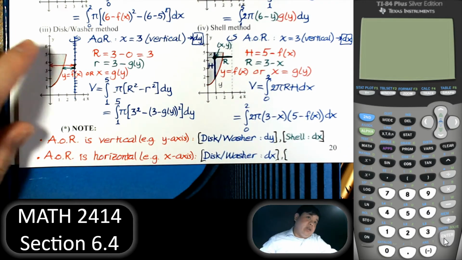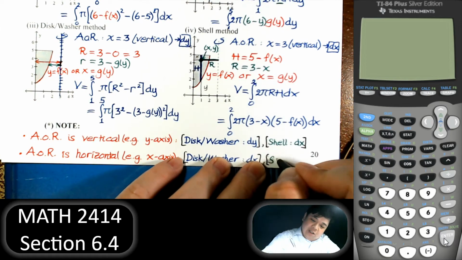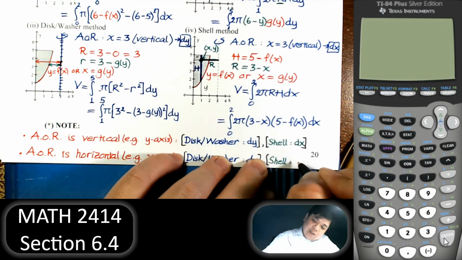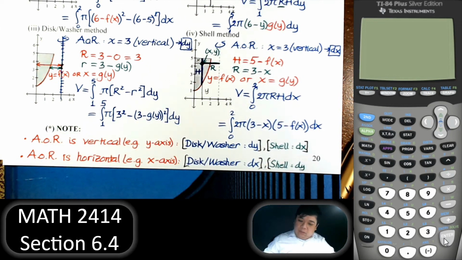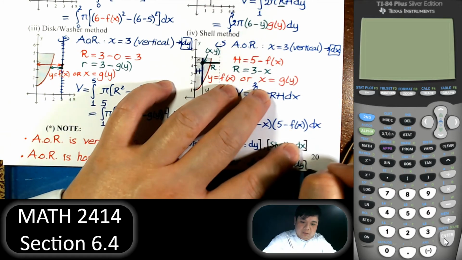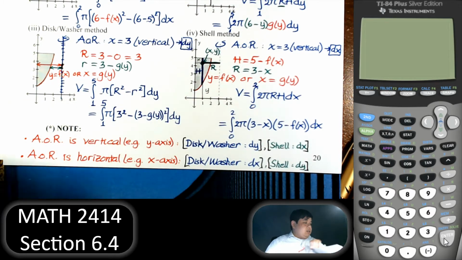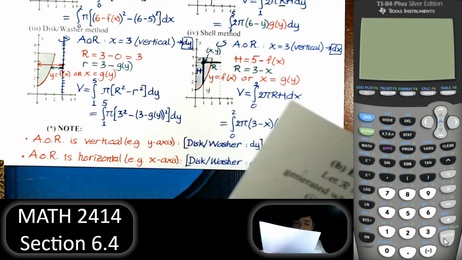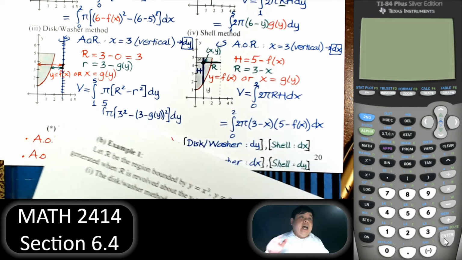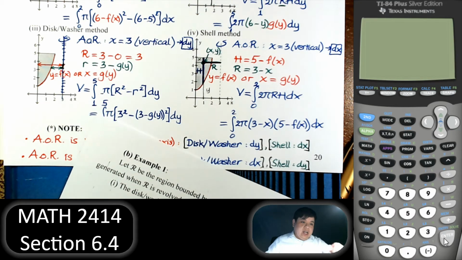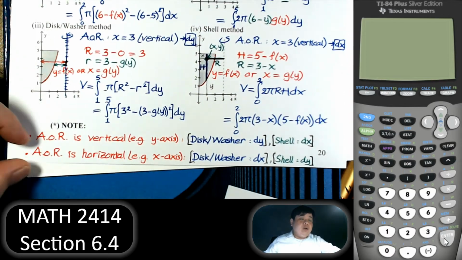And the shell is opposite to that. Right. So that's a comparison between the two. Now we go to a bunch of examples using both the washer method and the shell method. So keep that in mind.